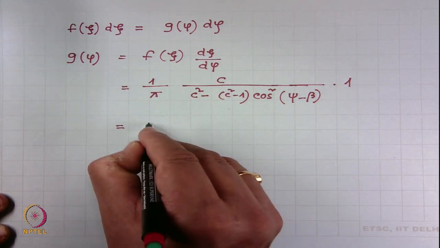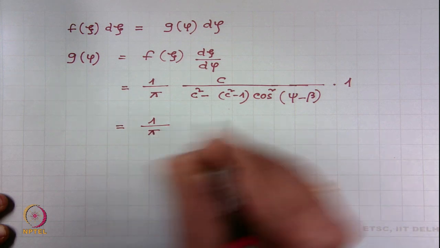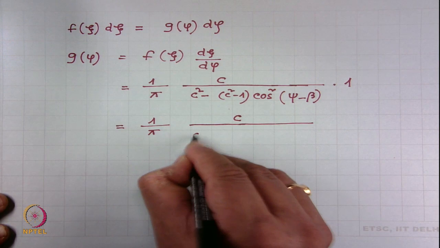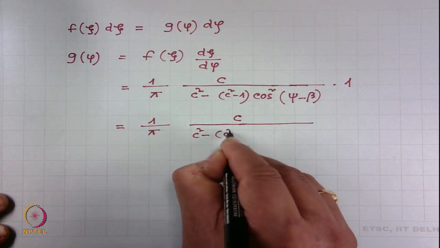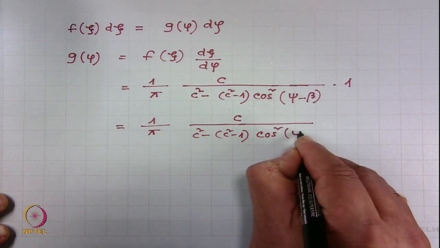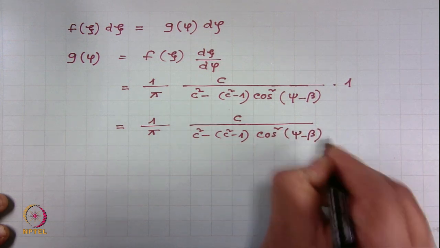So, we obtained 1 by pi, c by c square minus 1, cos square of psi minus beta.